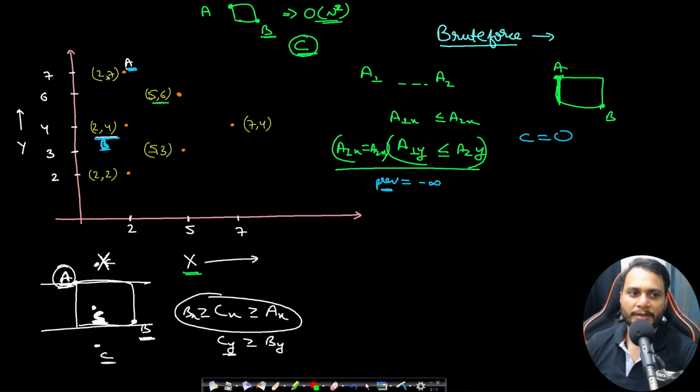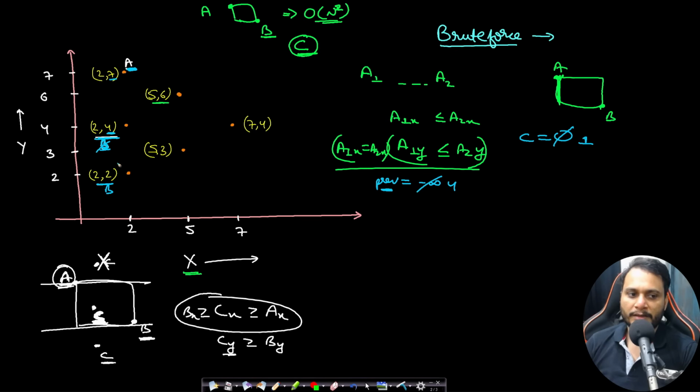The y coordinate range here is 4 to 7. If it was lying from 4 to 7 anywhere, then it would create an overlap. Then this would become invalid. But here it is not invalid, and therefore it will contribute to one count, and I will be incrementing the counter, and I will say that the previous point which was valid is at y coordinate 4, so I will be saving 4 here.